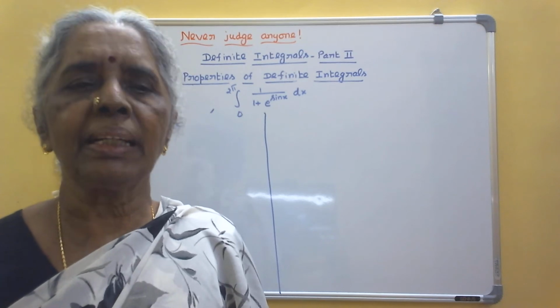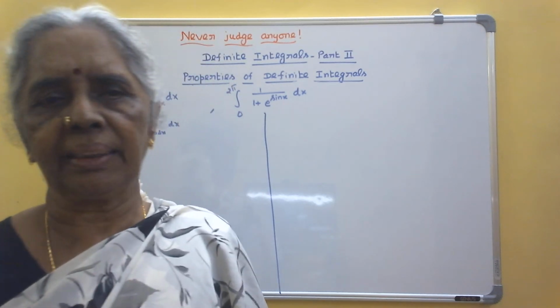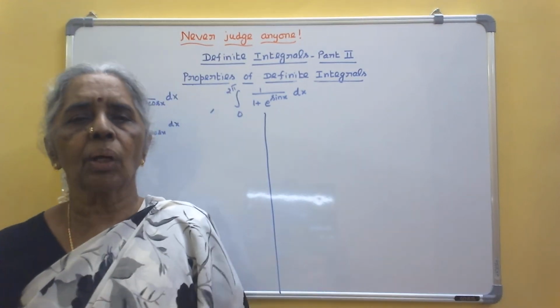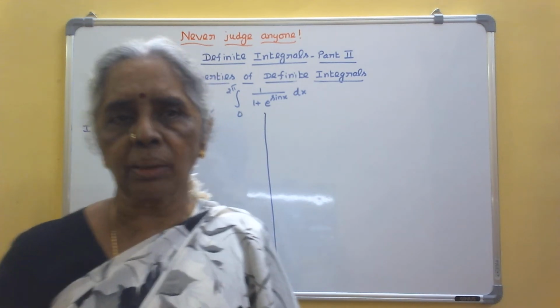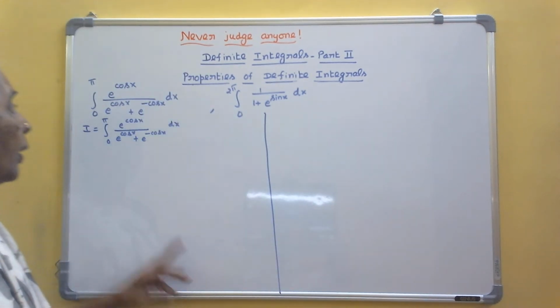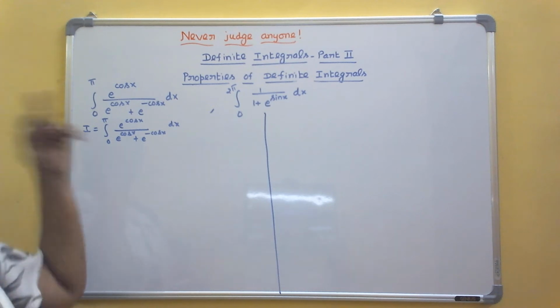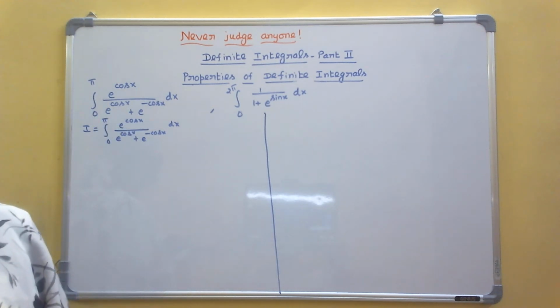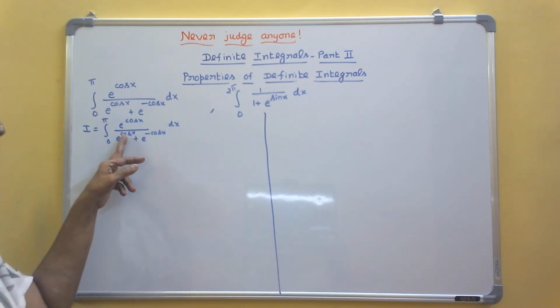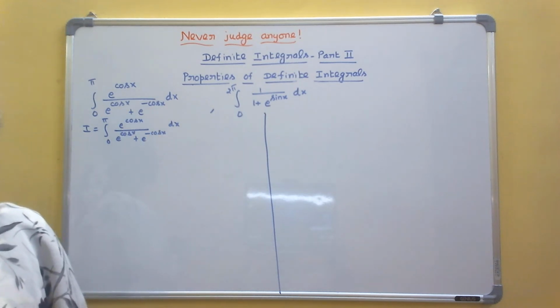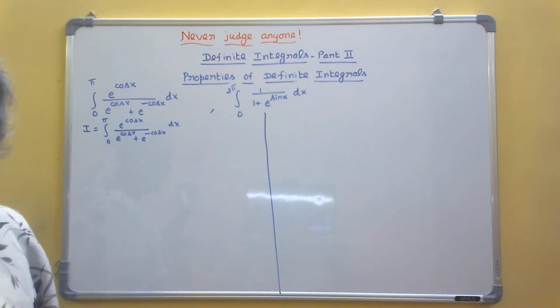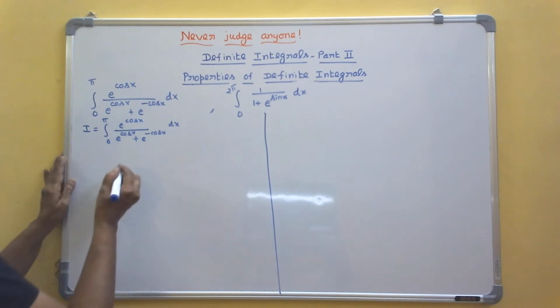Cos 180 minus theta is minus cos theta. You know, in the second quadrant, cos is negative, right? Remember that concept. So, if we apply that property, in the numerator you will get a minus cos x. Here, you will get a minus cos x and it will become plus cos x. So, like that, you have to think and make use of that property.